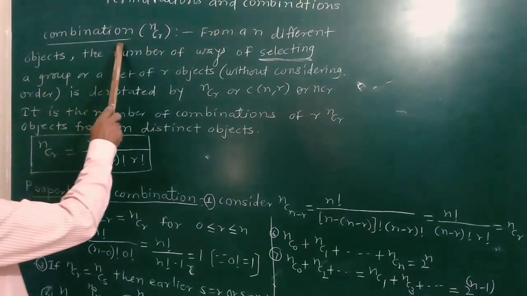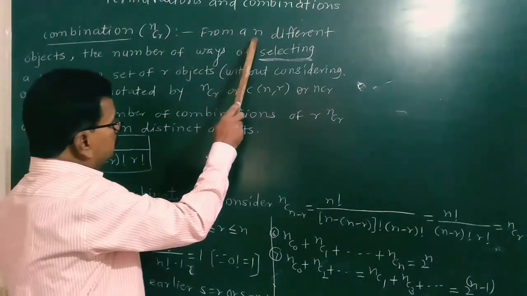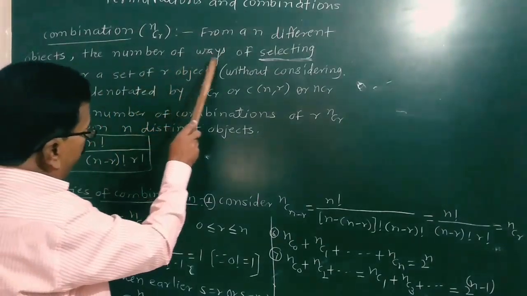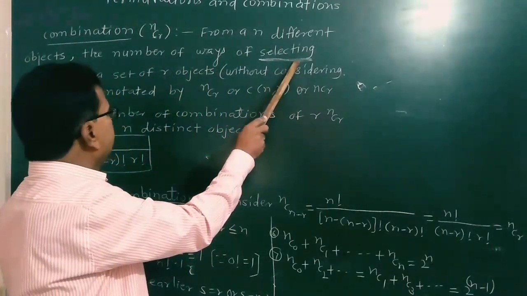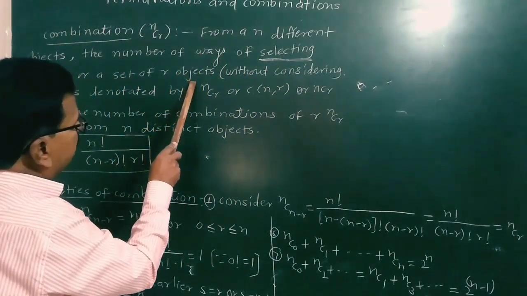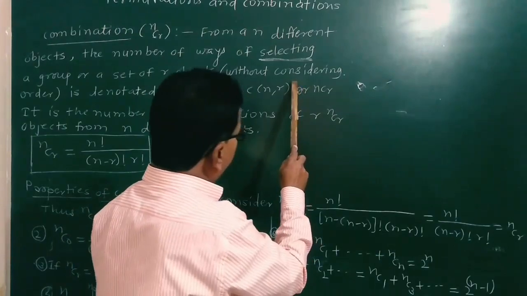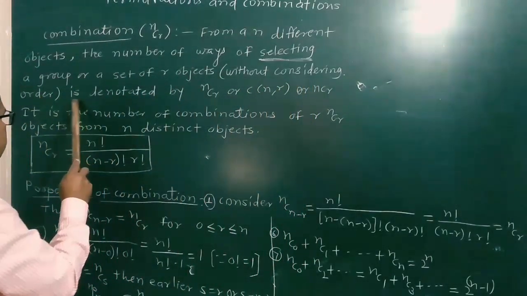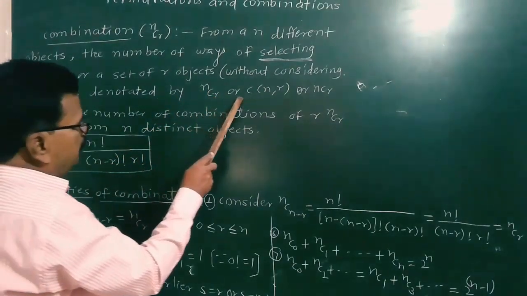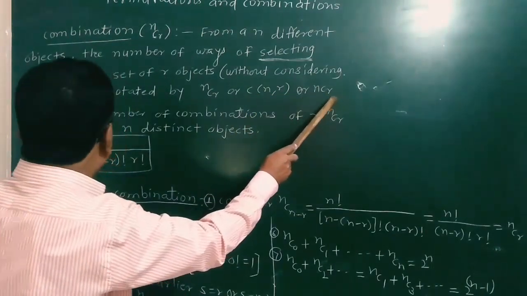Next point, combination, and that is nCr. From n different objects, the number of ways of selecting a group or a set of r objects without considering order is denoted by nCr or C(n, r).